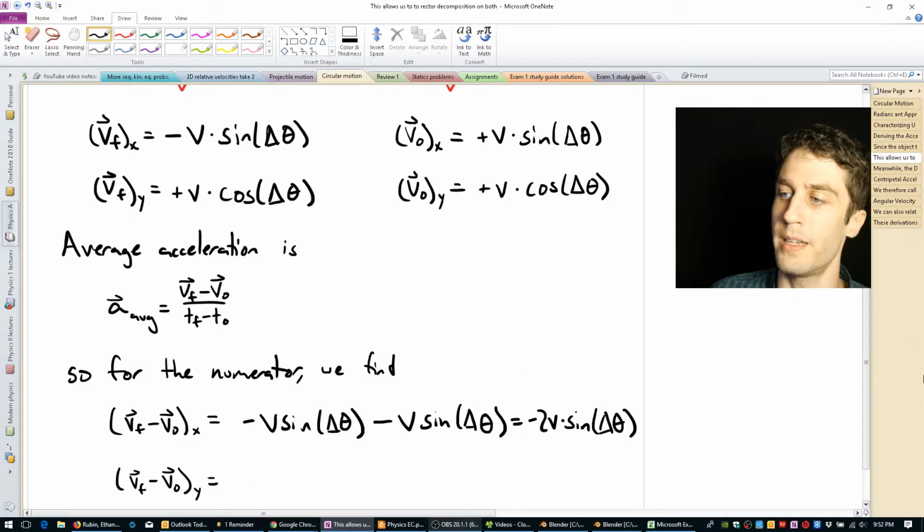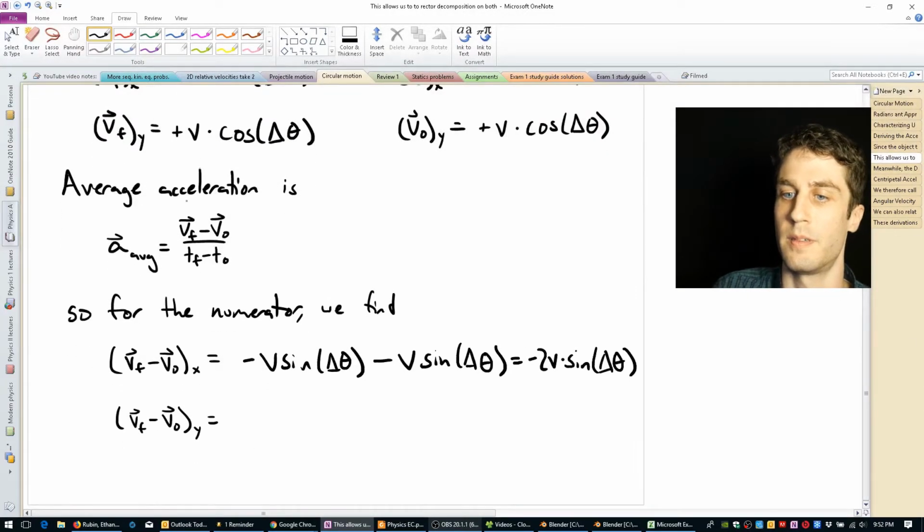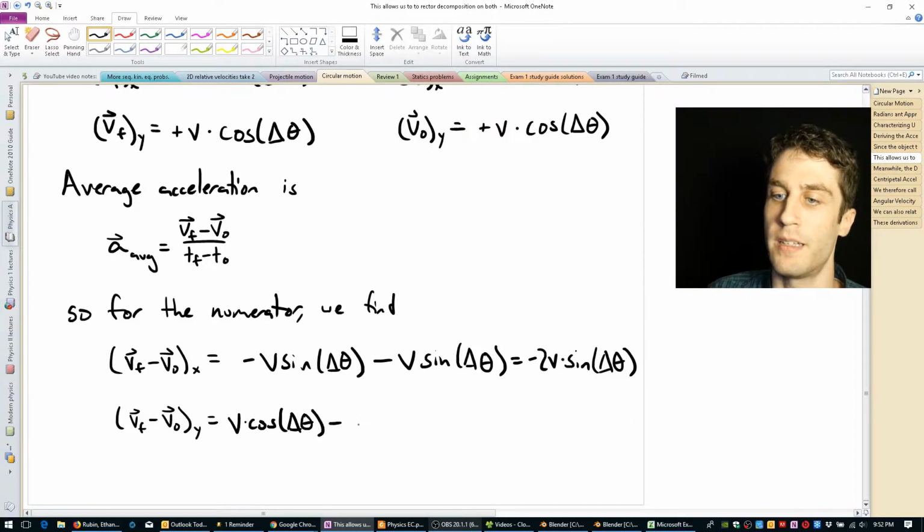Furthermore, for the y component, again, this is v final y, this guy, minus v naught y, this guy, and we get positive v cosine delta theta minus v cosine delta theta.